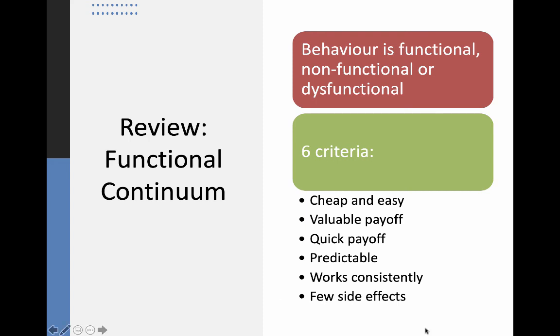Finally, the last idea is tied to the concept of negative reinforcement. If I can do something and it's not going to have negative side effects for me, then I'm more likely to do it. Back to our idea of the person who's cheating on a test. If that person could be absolutely certain that nothing bad would happen to them, probably more people would cheat. Why? Well, it's cheaper and easier.